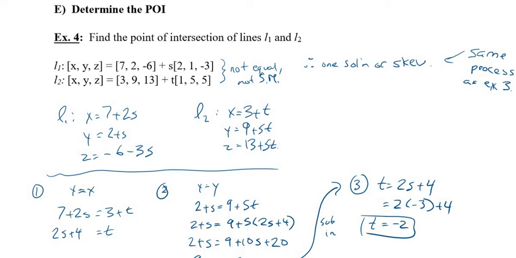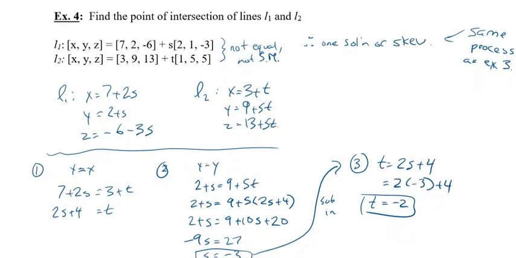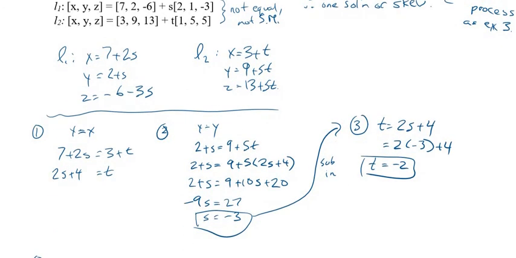So again, we start by splitting up our equations into parametrics, like we did here. And then we're going to set x equal to x, y equal to y, and we're going to use that to help us solve. With x equals x, we rearrange it, and we get this expression for t in terms of s, which we can plug into our y equals y, which we did pretty much at this line here.